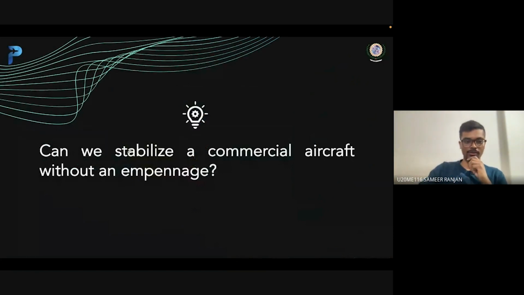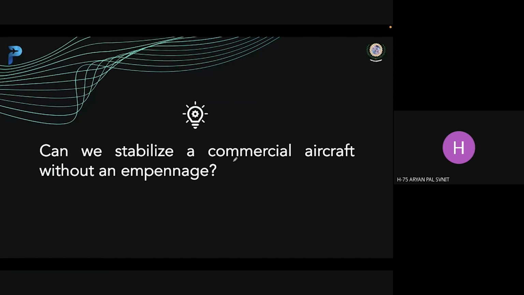Now there is one question: can we stabilize a commercial aircraft without an empennage? Guys, come on. Unmute yourself. By managing the weight distribution.